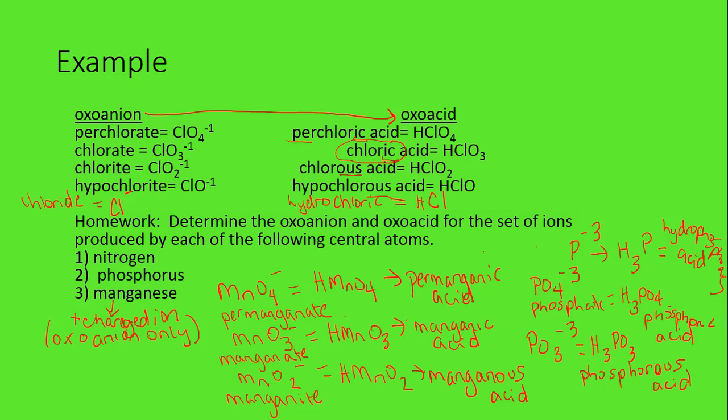So I didn't really stress about how you did the naming with the acids for your Unit 1 exam, but I encourage you to go back and look at them and familiarize yourself, make sure you feel comfortable with them. If you do not, I encourage you to ask questions, come in if you're not sure about something, and we'll go from there.